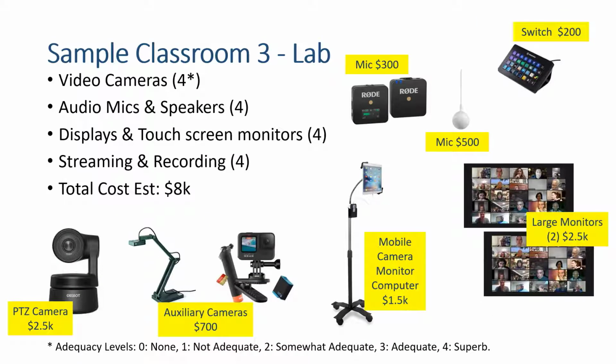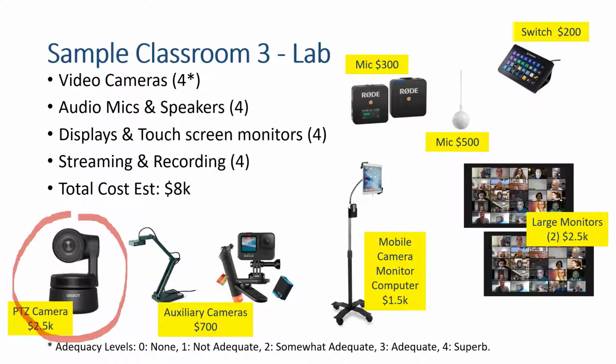This combination of technology could be suitable for lab classes, for example STEM classes, or mechanical or engineering classes where the instructor and the students will move around on stations. So that's why it has multiple choices of video equipment.